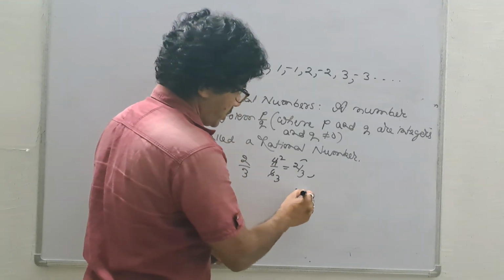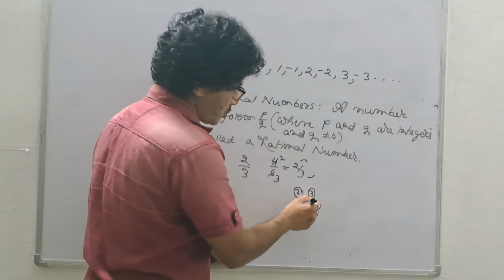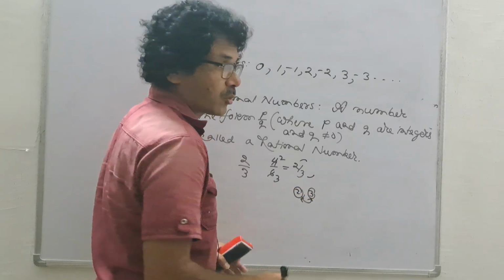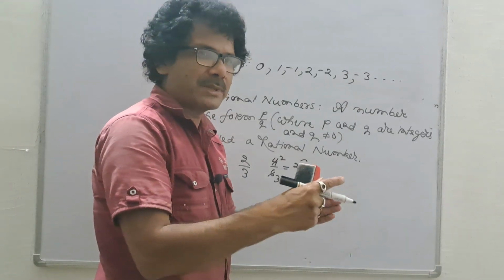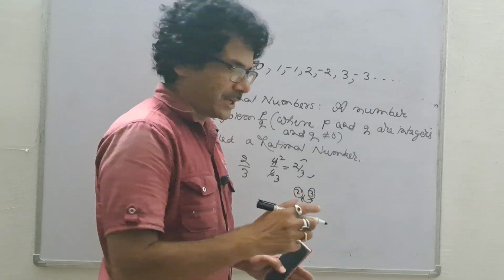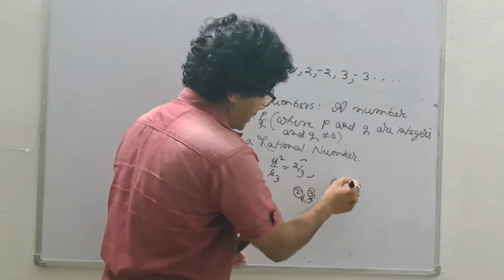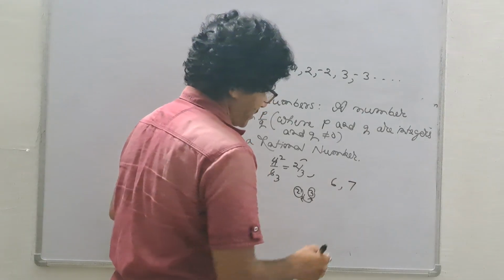You see 2 and 3. 1 is the common factor of 2 and 3. So these 2 and 3 are called co-primes. Two numbers are said to be co-primes if they have only one common factor, which is 1. Okay. Similarly 6 and say 7.